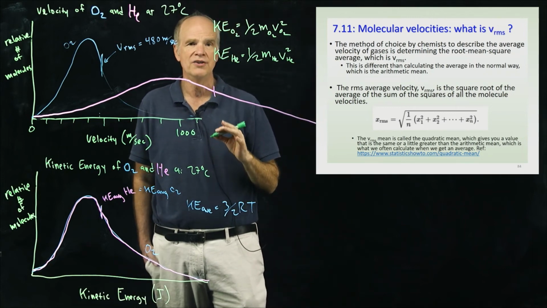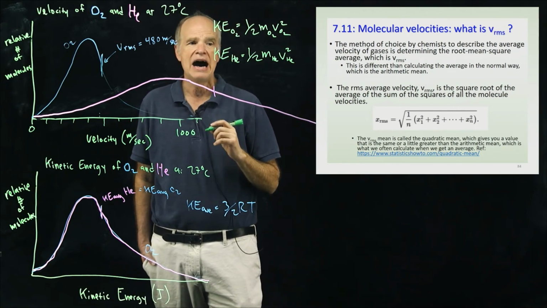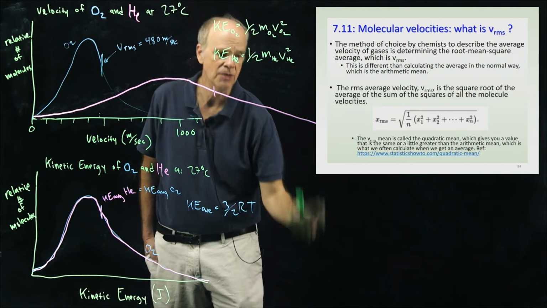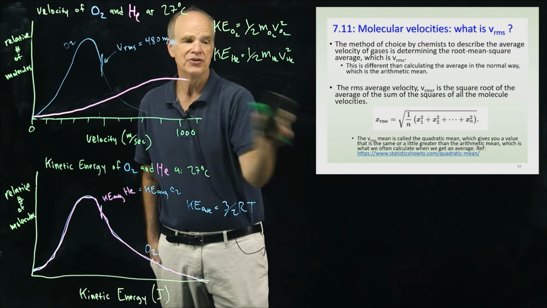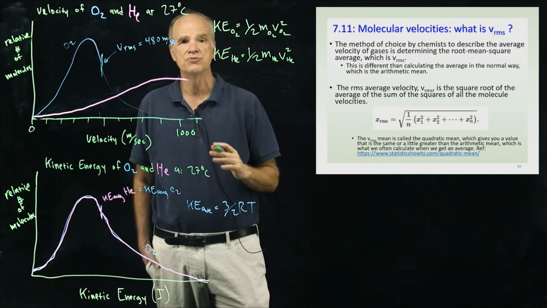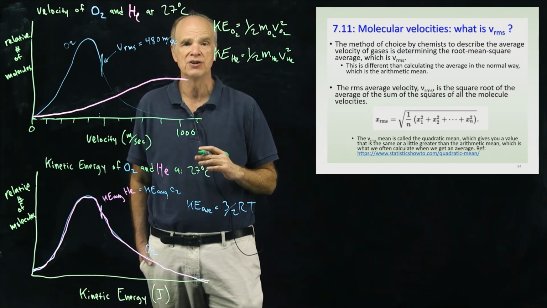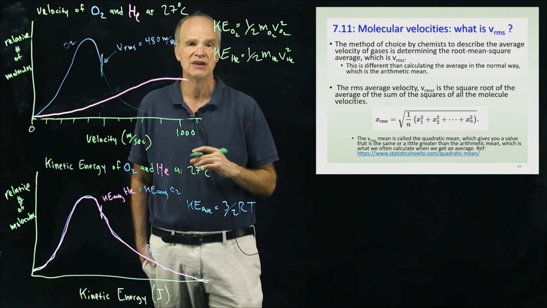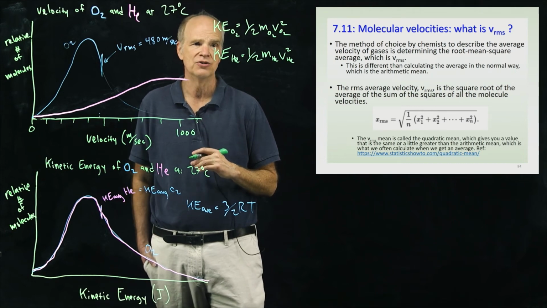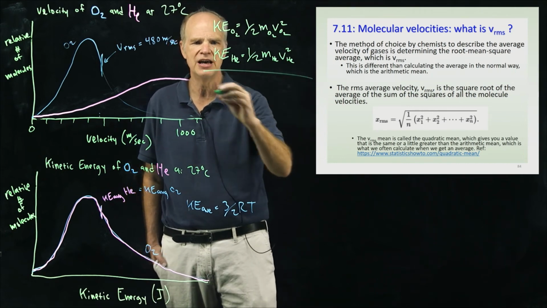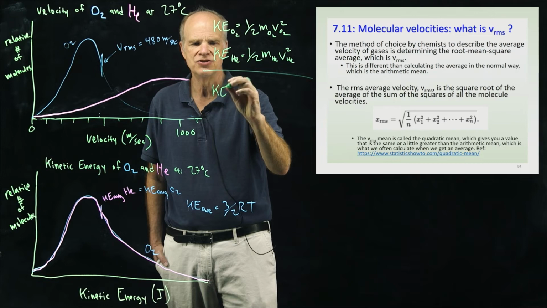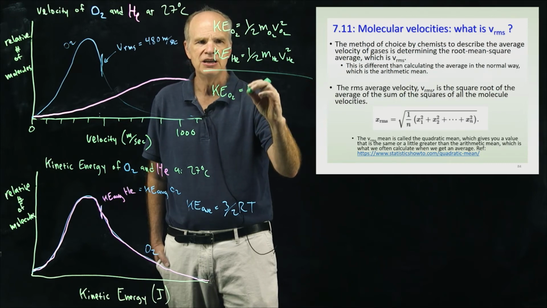Now, one of the things you might remember is that oxygen and helium have different masses. In fact, an individual helium molecule is considerably lighter. It's about 8 times lighter than an oxygen molecule. So let me rewrite these formulas again. So we have the kinetic energy of oxygen is going to be equal to 1/2.